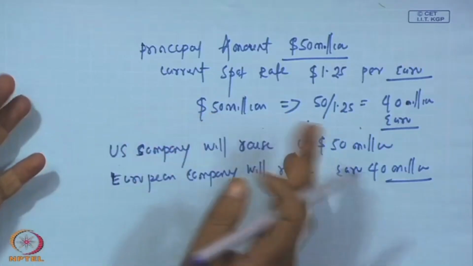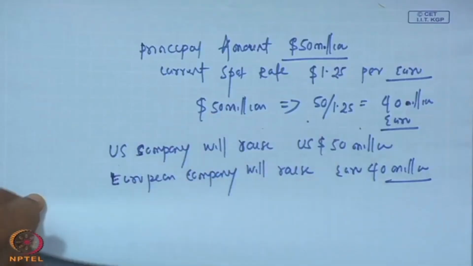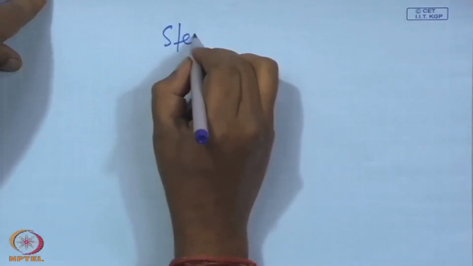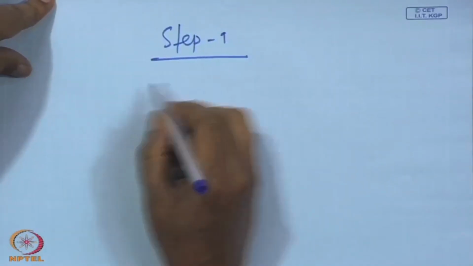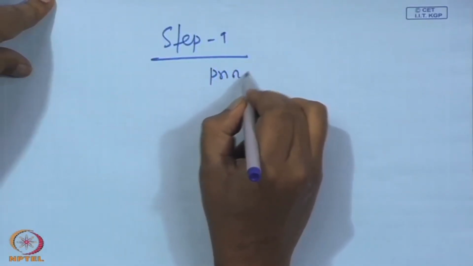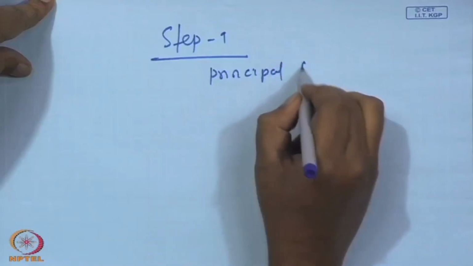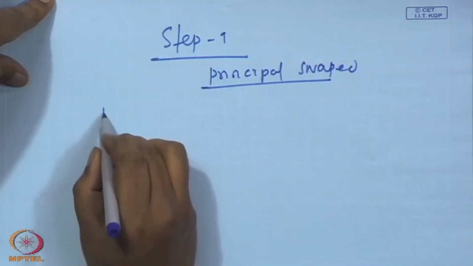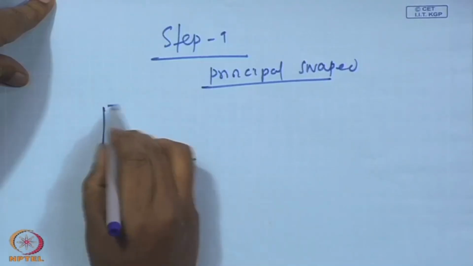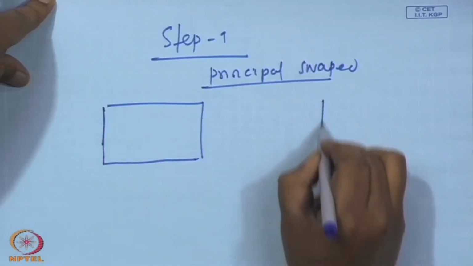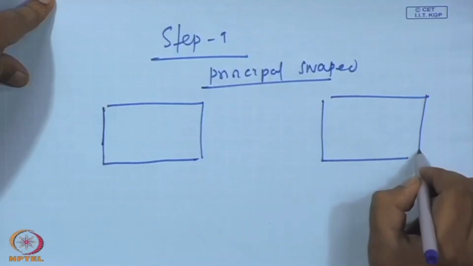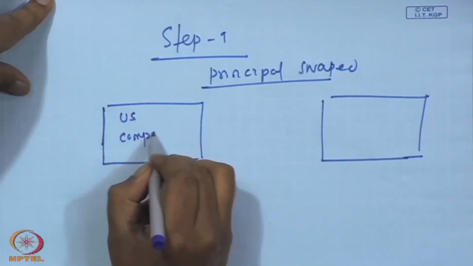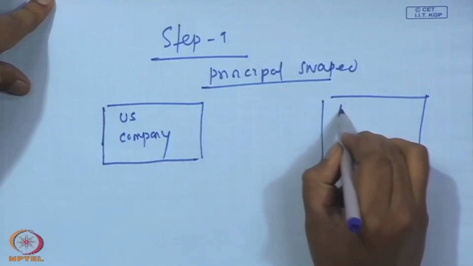Now, after that the transaction takes place between these two. The first transaction is the principal transaction, step 1, principal swap. Here you draw the diagram: US company and European company.